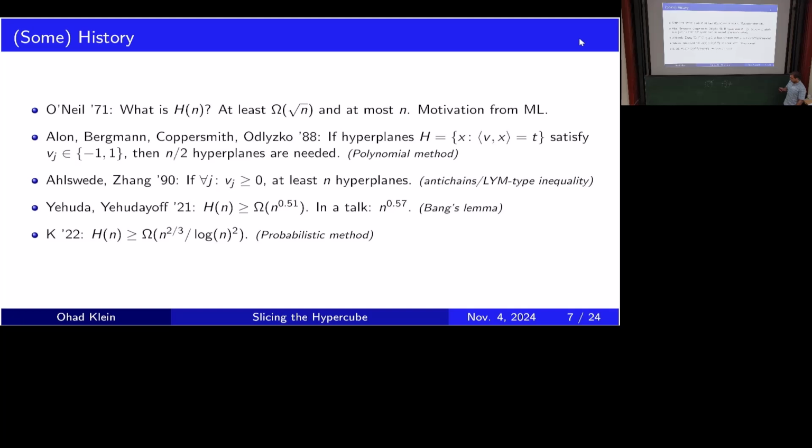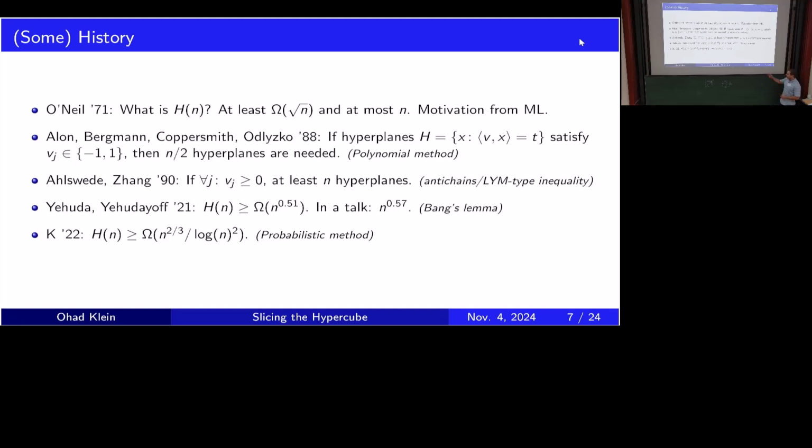And one thing we will discuss today is the proof of a lower bound of n to the 2/3 for the same problem. And as you can see, all the methods for tackling this problem are quite diverse, and it relates to many problems.